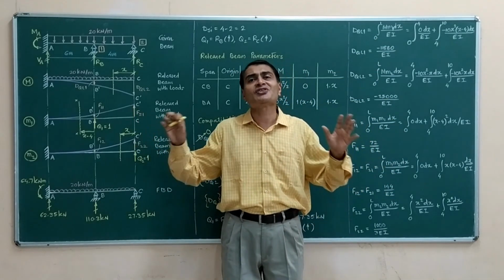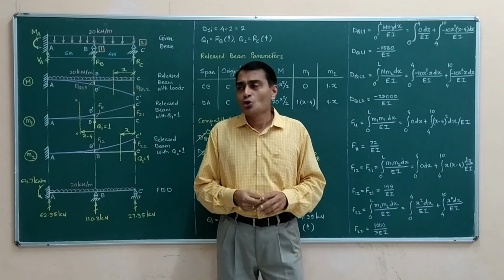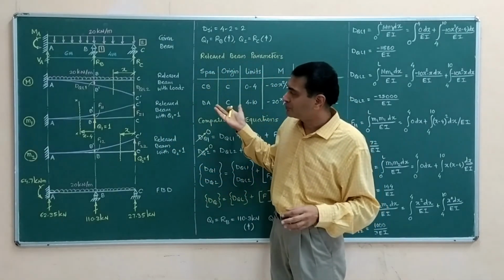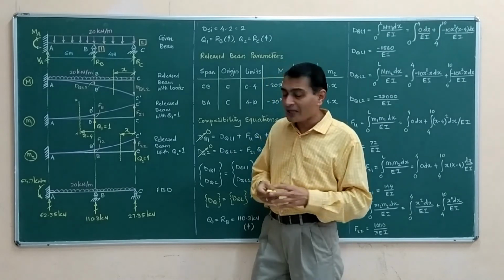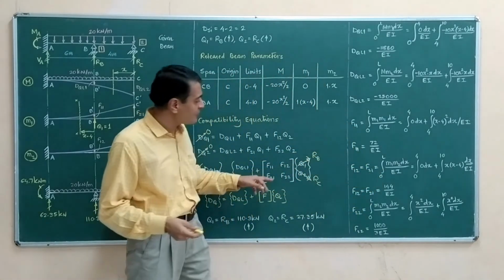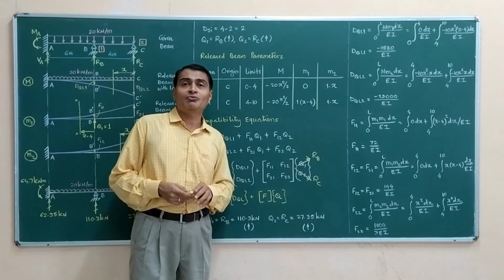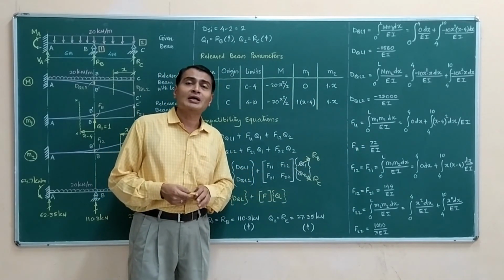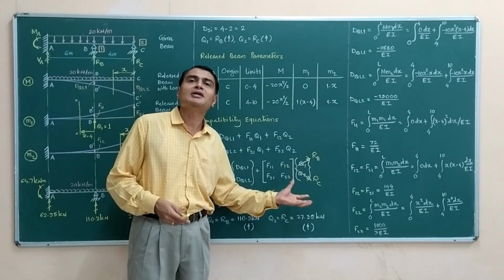Otherwise the method is as systematic as the stiffness method. So we have solved one problem with degree of static indeterminacy 2, and then we had 4 flexibility coefficients, a 2 by 2 flexibility matrix. In the next problem we will see 3 unknowns and then a 3 by 3 matrix, 3 equations to be solved simultaneously.